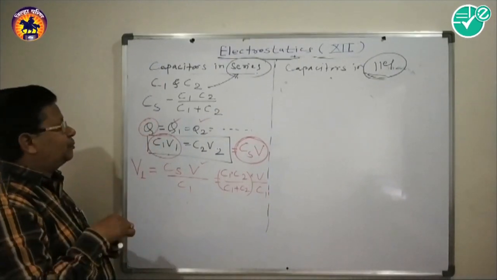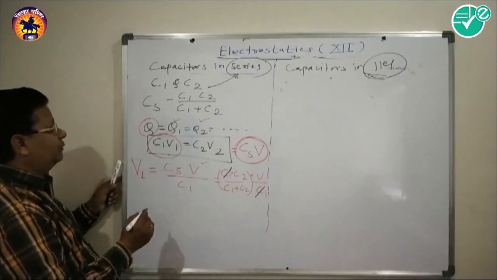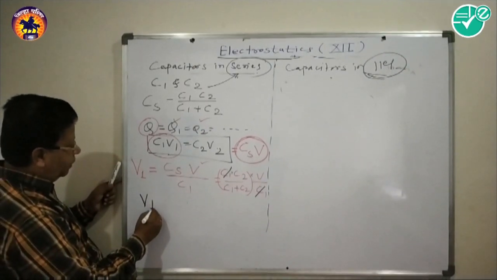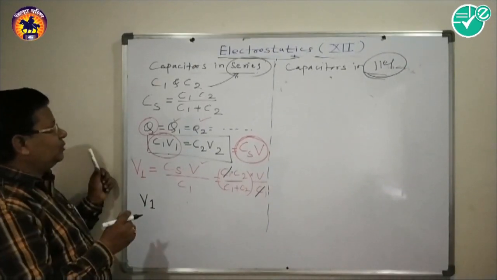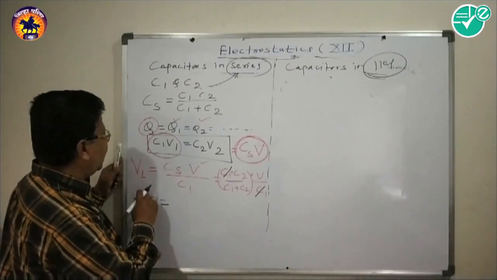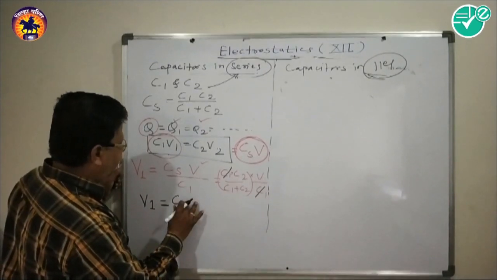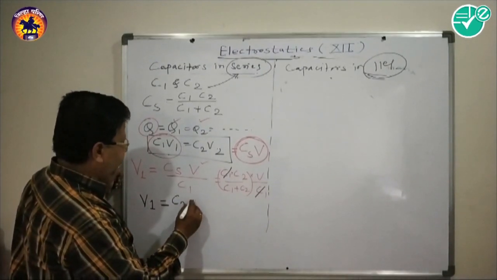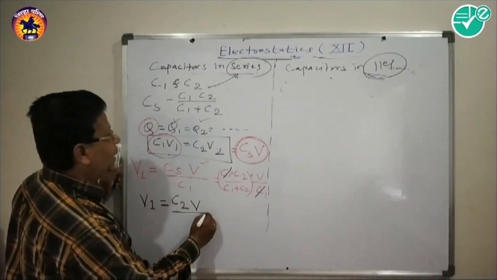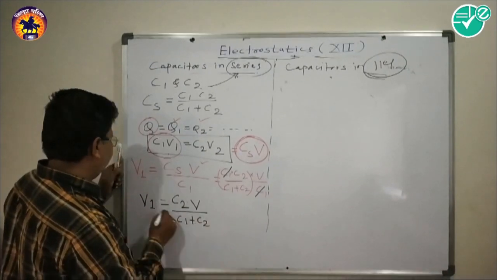So in this expression, C1 and C1 get cancelled, and therefore we get the potential difference across the capacitor C1 given by the formula V1 is equal to the other capacitor multiplied by potential difference applied divided by C1 plus C2.